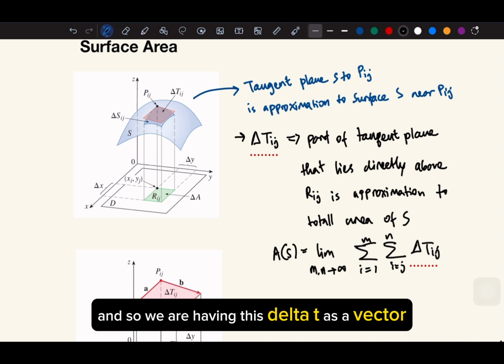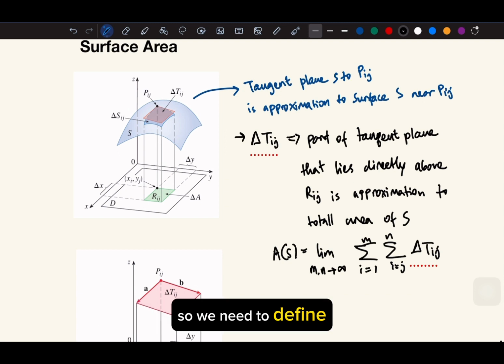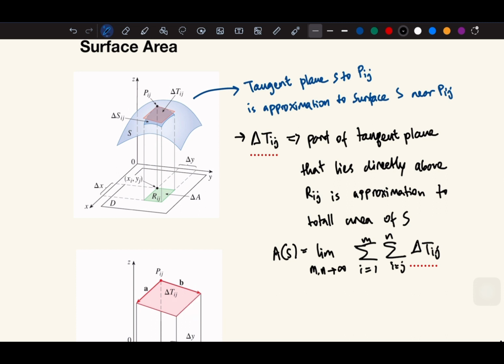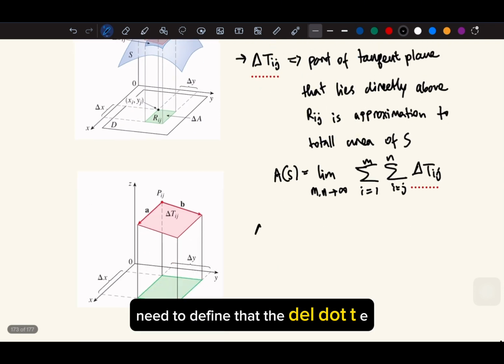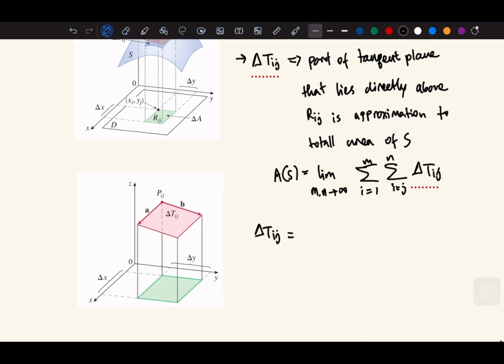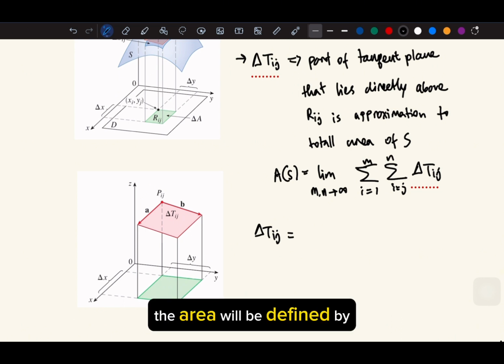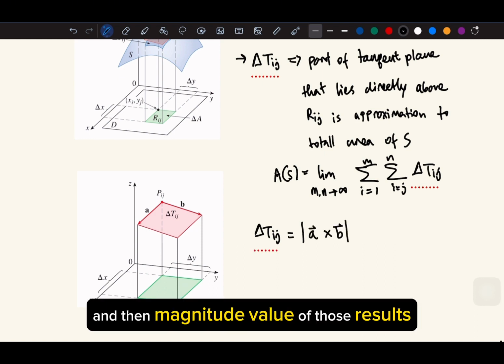Delta T can be created from vectors A and B. We have two vectors from this point P. By definition, the area will be defined by the magnitude of the vector A cross the vector B.